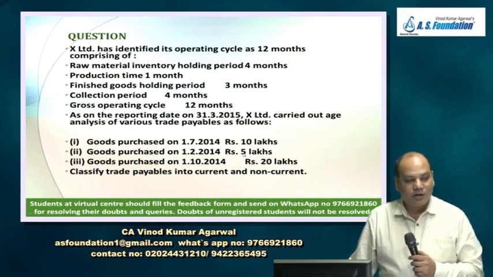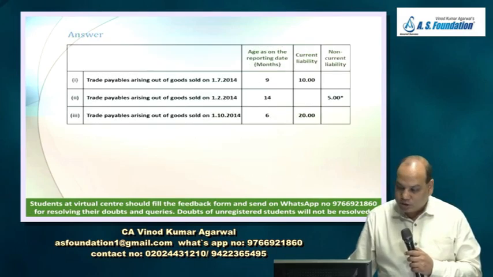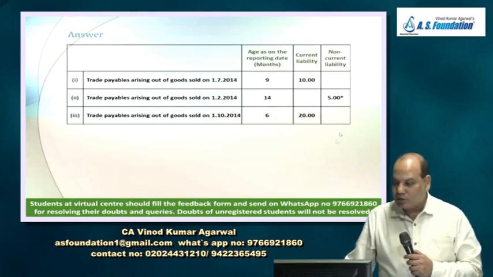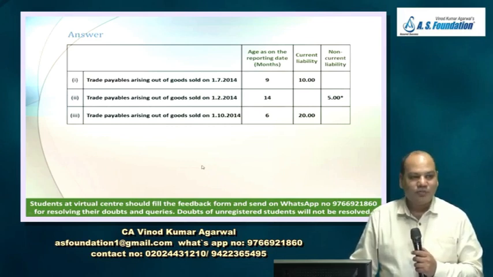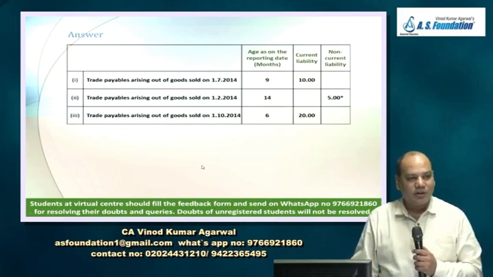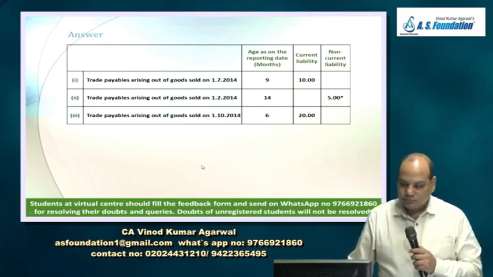If the management intends to settle it within 12 months, what will be the classification? Current. But if the management does not intend to settle it within 12 months, the classification can become non-current. So normally we will see what is the intention of the management, what are their past track record, what is the agreement with the creditor. Then we will take a final call whether we will treat it as current or non-current.